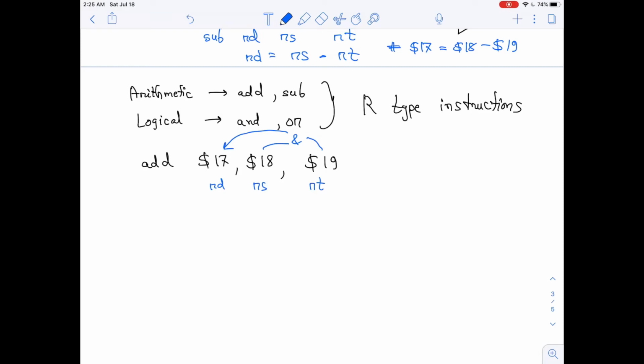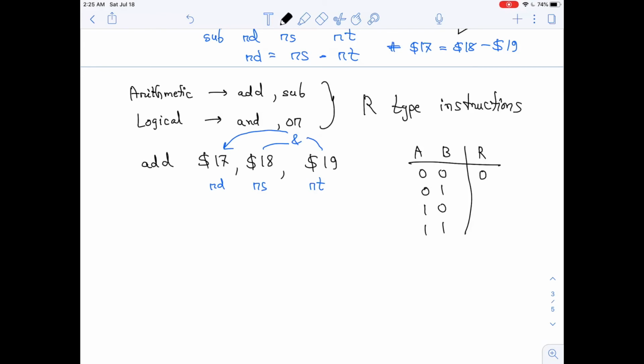I hope you're all familiar with an AND operation. Suppose I want to draw a truth table here for the AND operation. If you have two bits and both of them are 0, your result is going to be 0 as well.